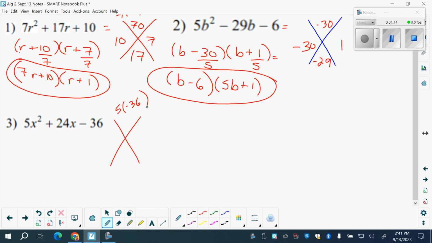So that's negative 180. And then 24. It's a big number. We did some big numbers today because of what we're having to multiply that first leading coefficient.